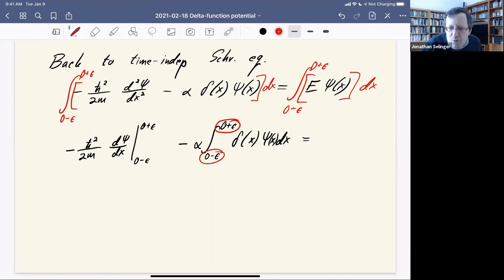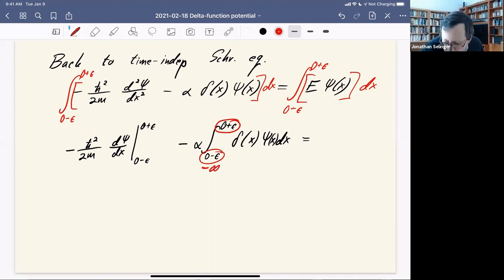The point is, it doesn't matter because delta of x is 0 all the way from negative infinity to negative epsilon, and so I can take this limit to be negative infinity.